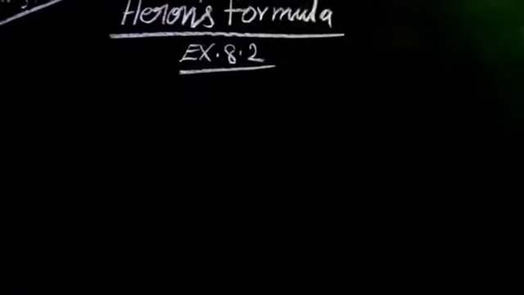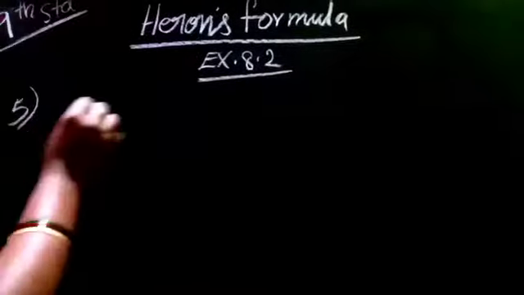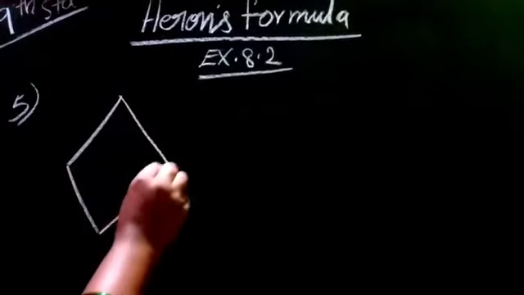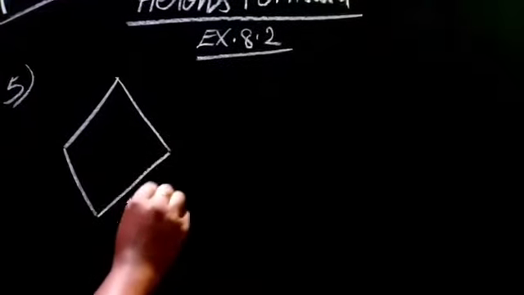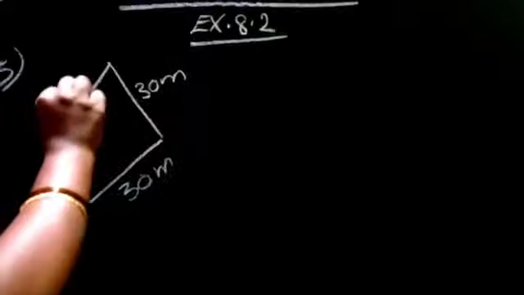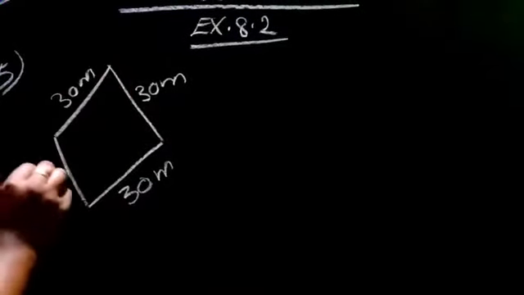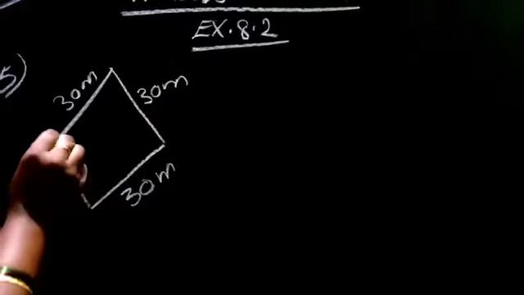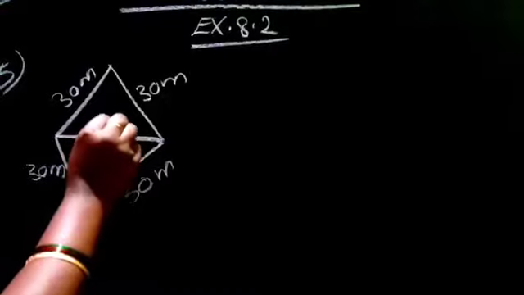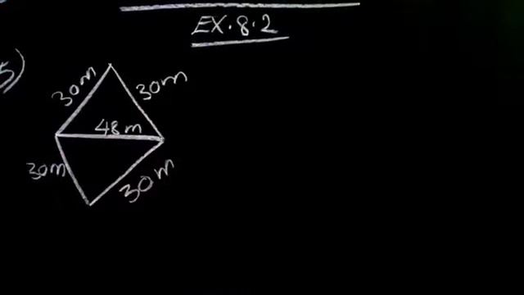In a rhombus, all four sides will be equal. They have given the side as 30 meters and the longer diagonal as 48 meters. So how will we find the area?